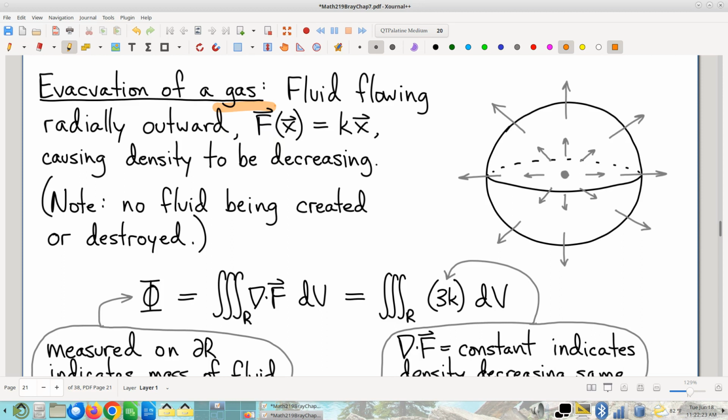It's just a cloud of gas in space, nothing else. Well, gas, again, is not created or destroyed. Light gets created, not gas. So this is a very different kind of fluid.